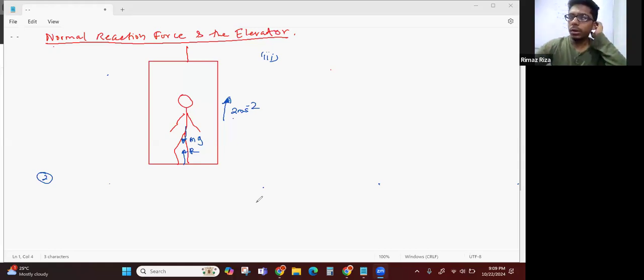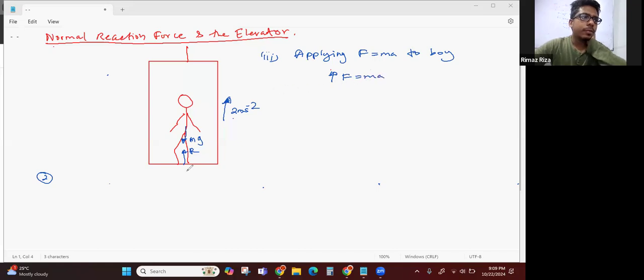Okay, so here what we can do is apply F equals ma to the boy. I can apply it in the vertically upward direction.